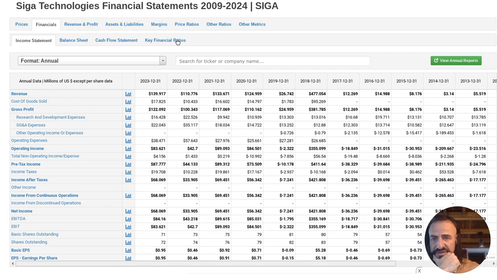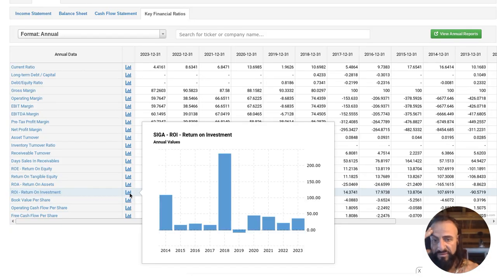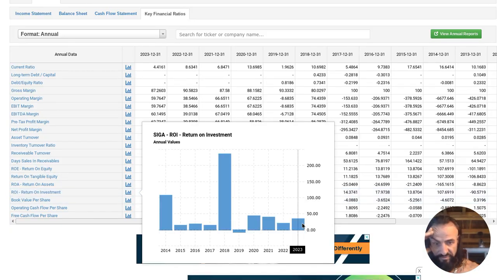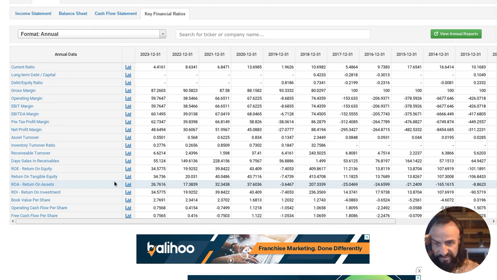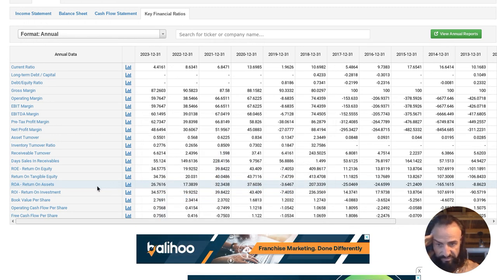Let's see the key financial ratios. Like I was saying, what really matters is the return on investment, and you're looking at about 40% in 2023 return on investment. Return on assets, it looks pretty good too, 26, 17, 32, 37%.